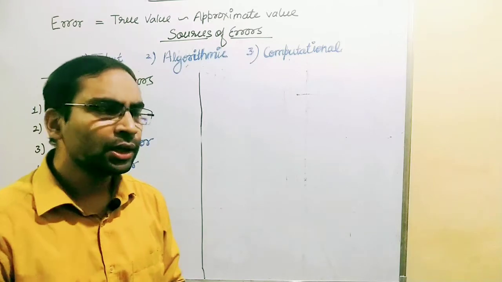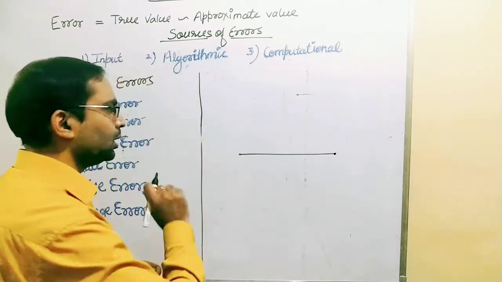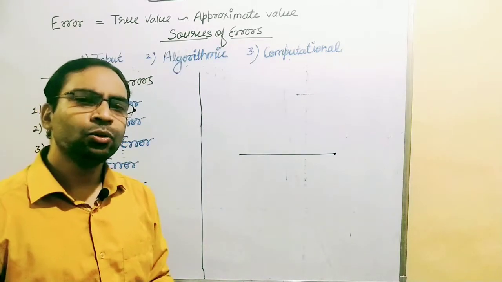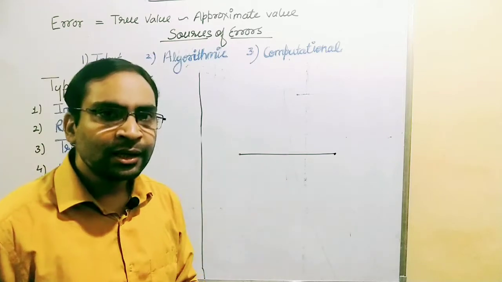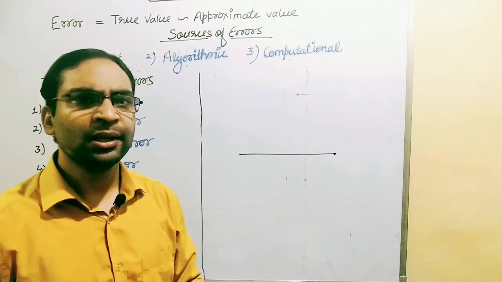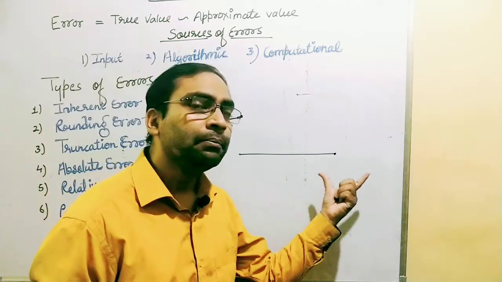If you want to measure a length, let's say the length of this straight line, we need to use some instrument. Let's say we will be using a ruler, a scale, that has a limitation: it can measure till centimeters, but it will not be able to measure in millimeters.